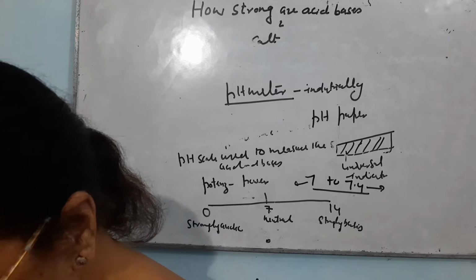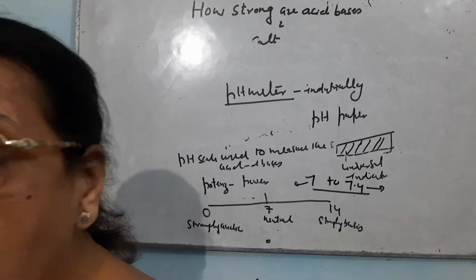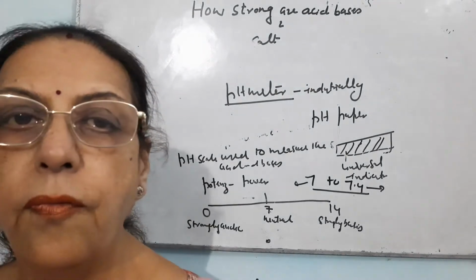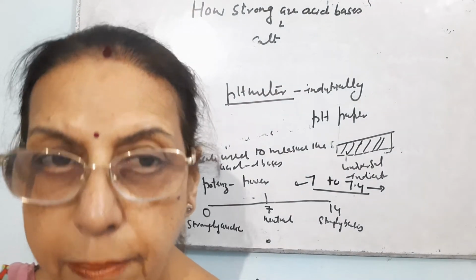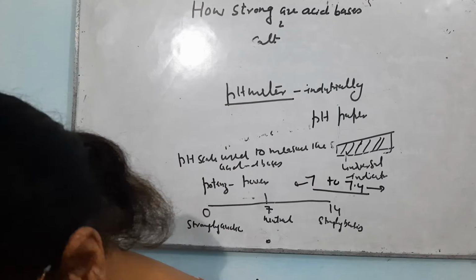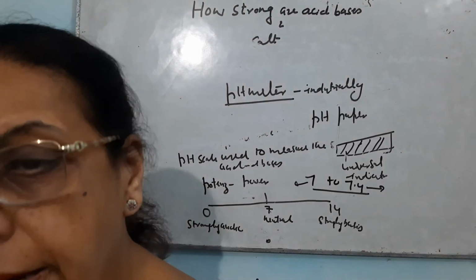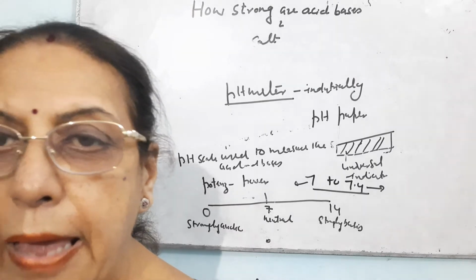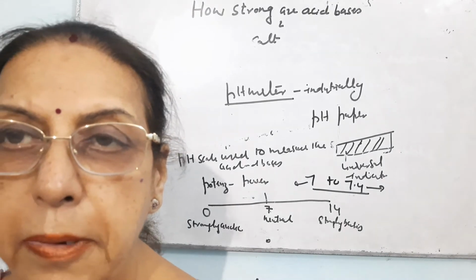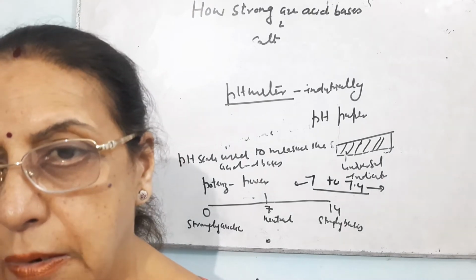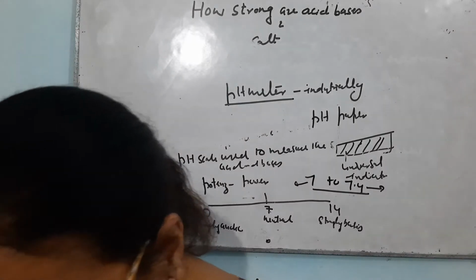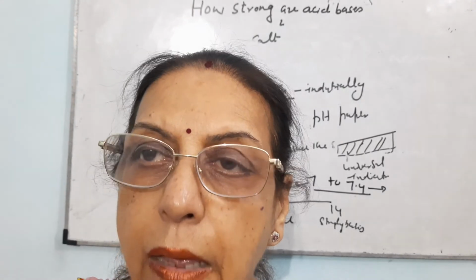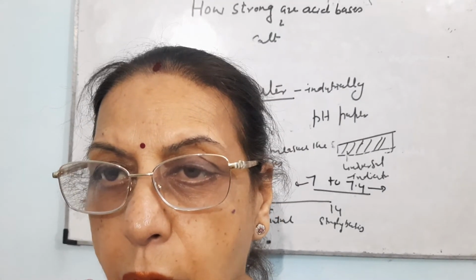Now, the strength of acids and bases depends upon the number of hydrogen ions and hydroxyl ions which they produce. The greater the number of hydrogen ions produced by an acid, the more will be the strength of the acid. Similarly, the greater the number of hydroxyl ions, the more will be the strength of the base.